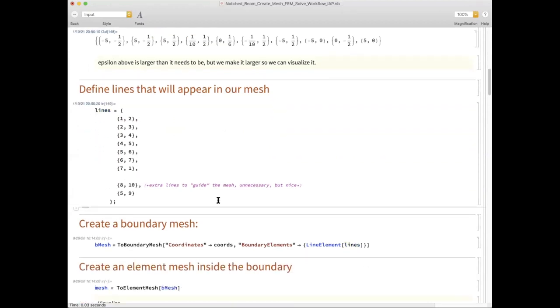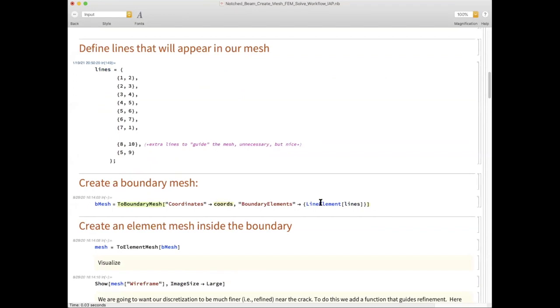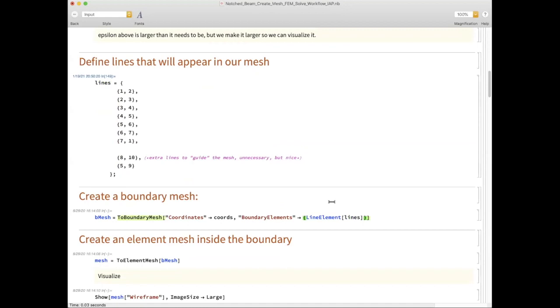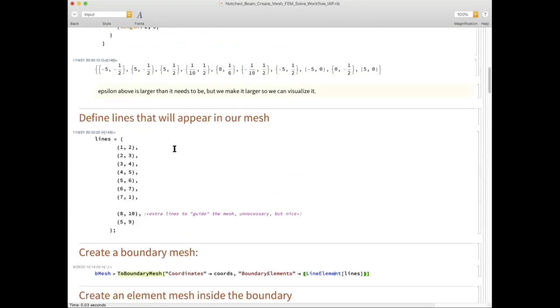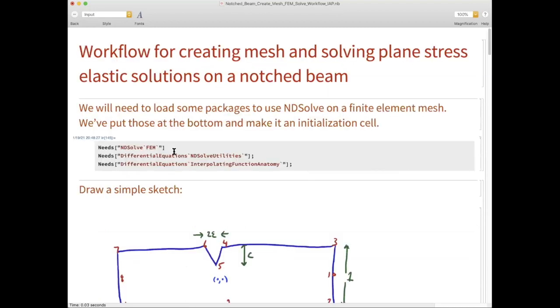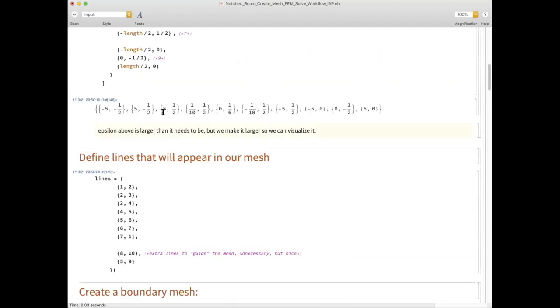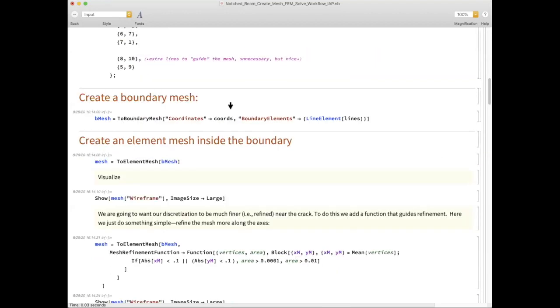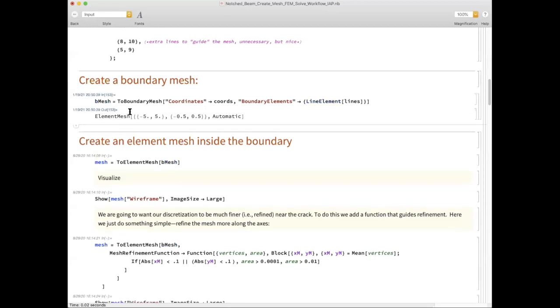And with those coordinates and with those lines, I'm surprised I'm not seeing line element sitting here, meaning that, I'm a bit surprised I'm not seeing that turning black. Let's see what happens. Okay, that worked. So it gave me something which is an element mesh.